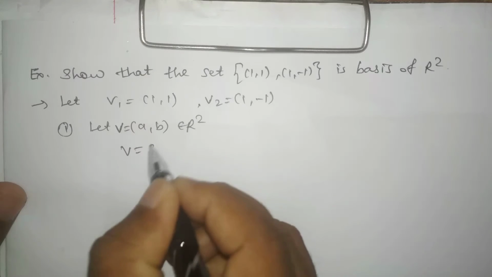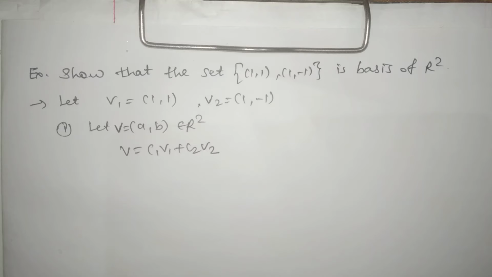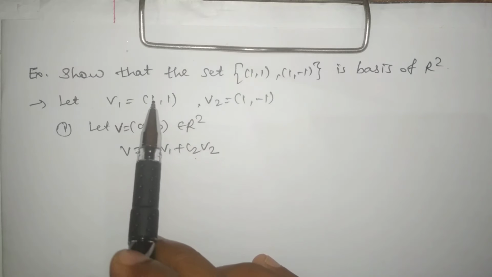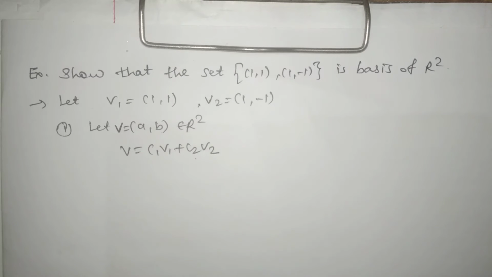Now consider V equals C1 V1 plus C2 V2. We have to find the values of C1 and C2. If we are able to find the values of C1 and C2, that means any element from R square can be written as a linear combination of V1 and V2. That means V1 and V2 span R square.